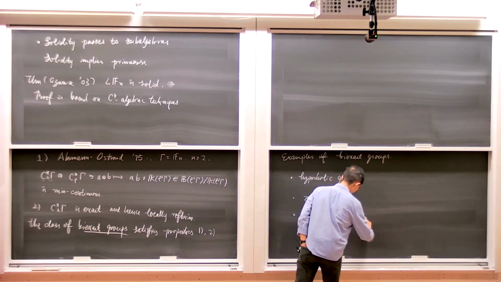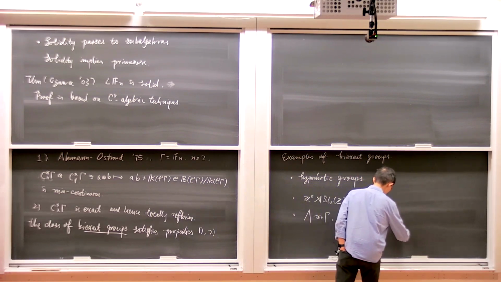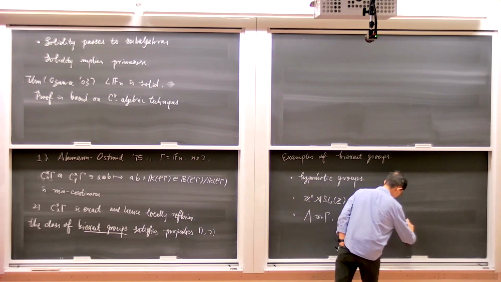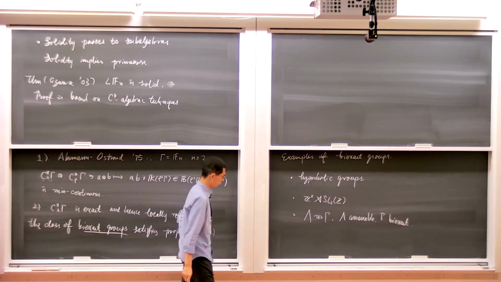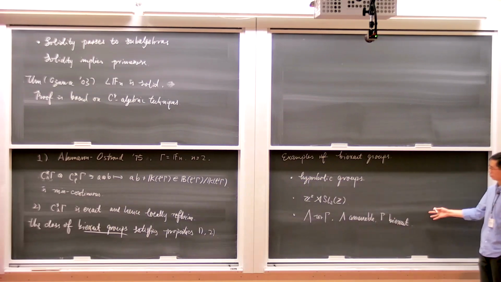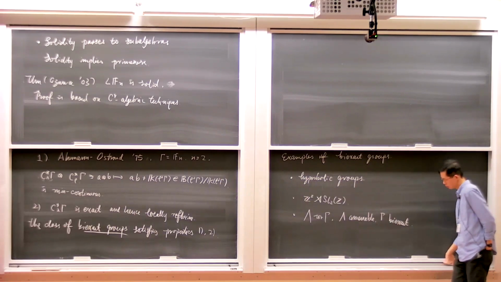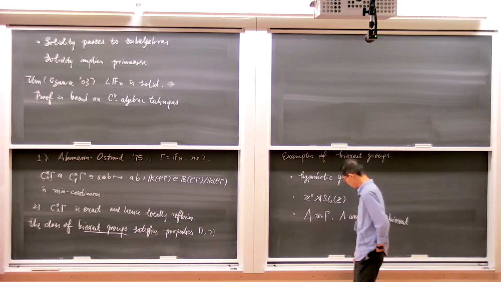So if you take a amenable group and take the wreath product with some bi-exact group, the wreath product will still be bi-exact. So as you can see, we have a much larger class of groups that gives us solid factors, just beyond the free group factors.